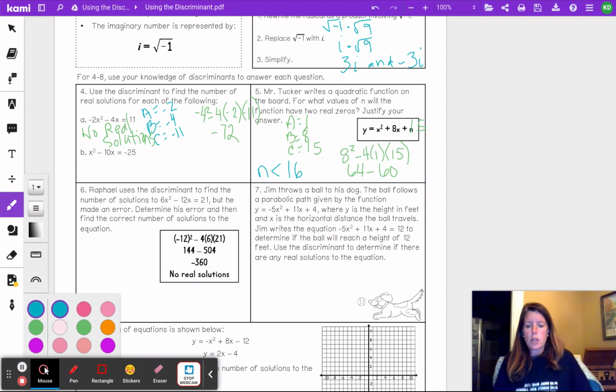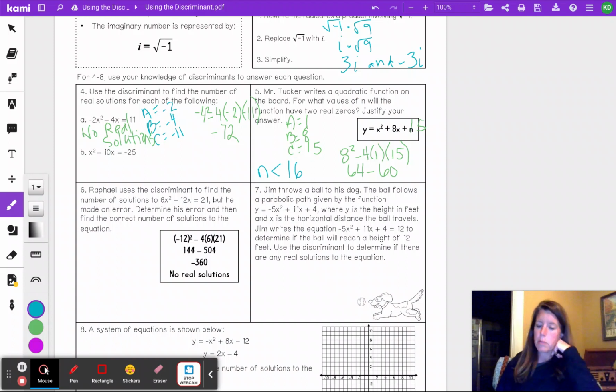Okay, so for number 6, it says that Raphael uses the discriminant to find the number of solutions to this equation. What's his error? If I'm looking at this, the B is negative 12, the C is negative 21 if he puts it in standard form, and I see right there, when he put his value of C in, he didn't rewrite it in standard form first.